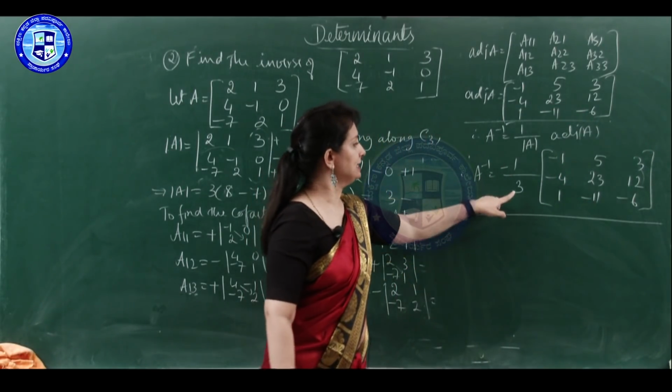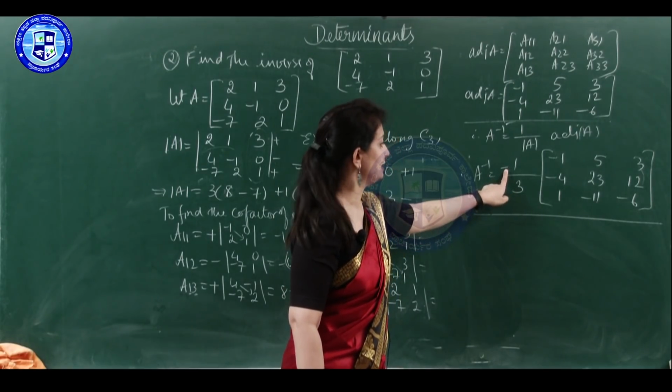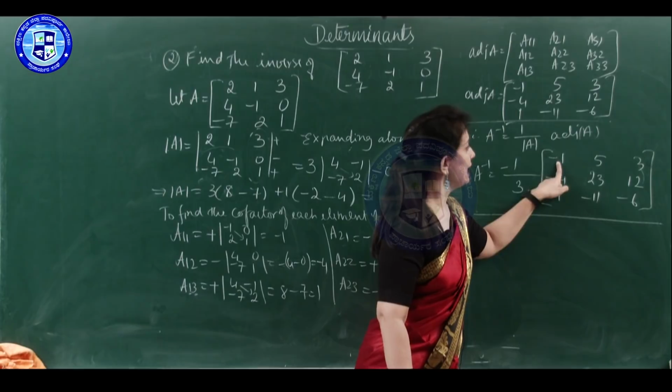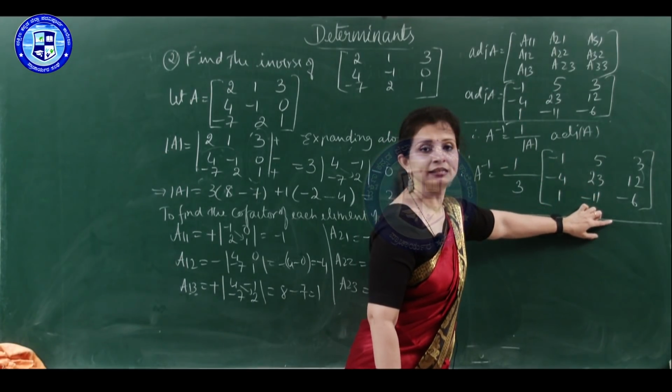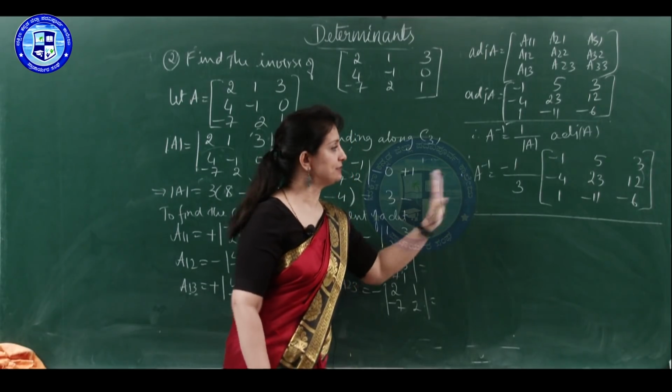So 1 by determinant A is minus 3, I have written minus in the numerator, into adjoint A, the matrix. So this is the value of A inverse. Please make a note of this.